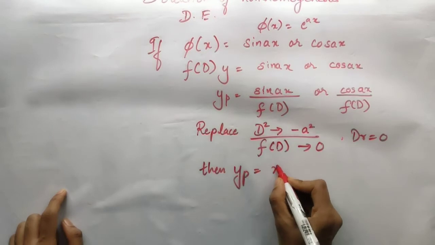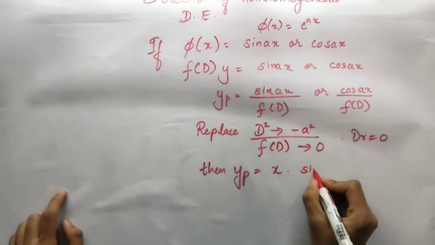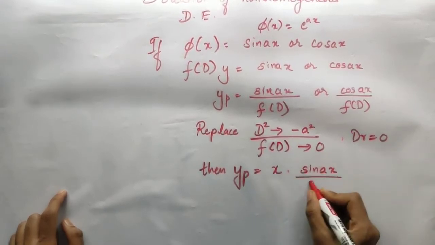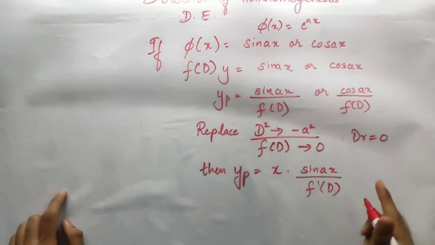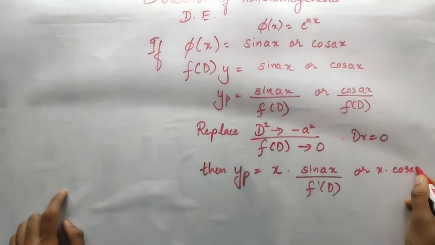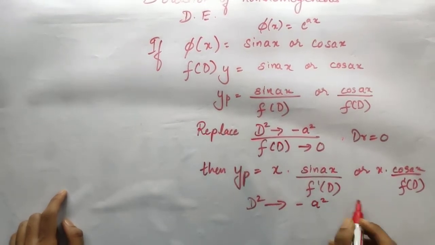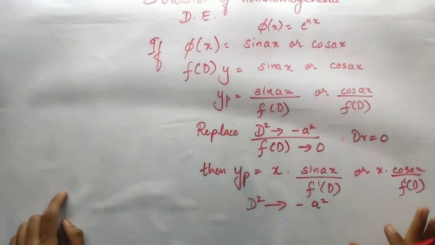You take one x, multiply it in the numerator, x into sine ax divided by f dash of D, that is the derivative of f with respect to D. In case of cos, it will be x into cos ax divided by f dash of D. Again in this we replace D square by minus a square. If the denominator does not turn 0, then we keep the final answer.